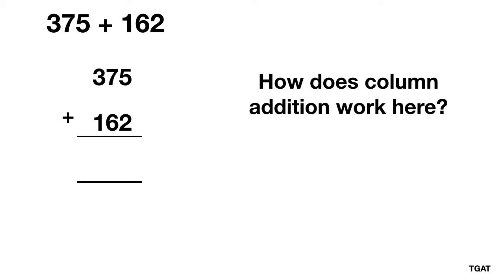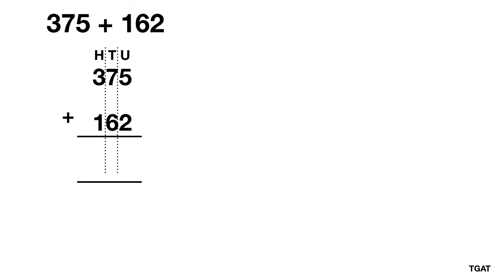So we have 3 hundreds, 7 tens and 5 units added to 1 hundred, 6 tens and 2 units. So we want to line those up, with the hundreds underneath each other in their column, the tens underneath each other in their column, and the units, or the ones, underneath each other in their column.